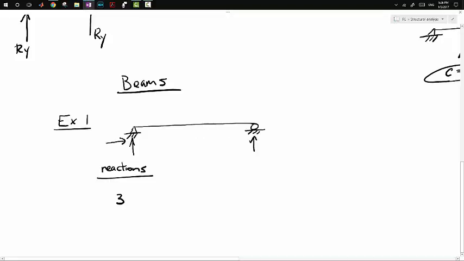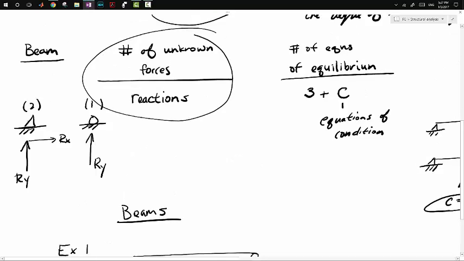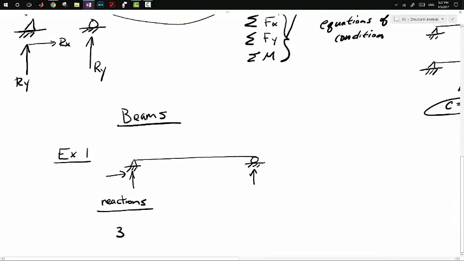And how many equations of equilibrium do we have? So basically this automatic 3 comes from your sum of forces in the y, sum of forces in the x, and sum of moments. That's where these 3 equations come from.